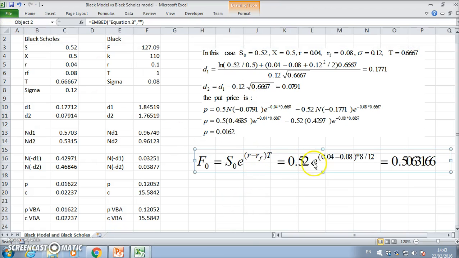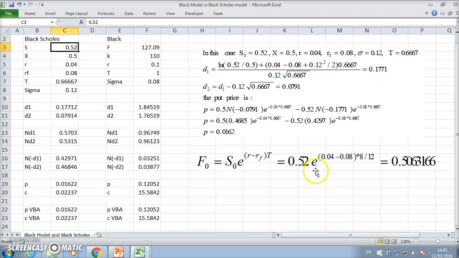paste. If we want to determine the value of F, given that we know the spot price, we could apply this formula here. So let's have a look at that.